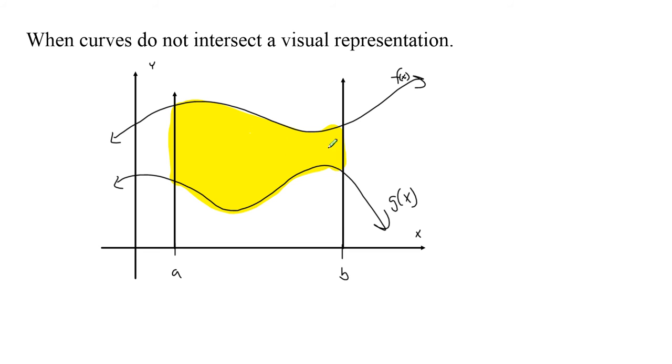And that region is just going to be, let's get to the right pen here, the integral from a to b of f of x minus g of x dx. That is that area right there, A.